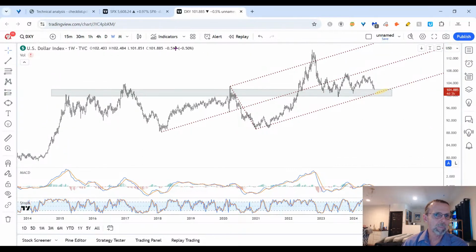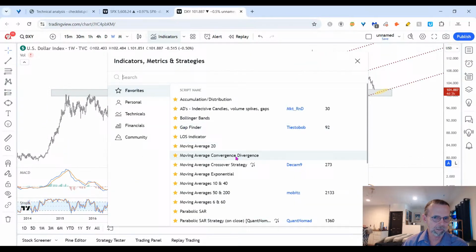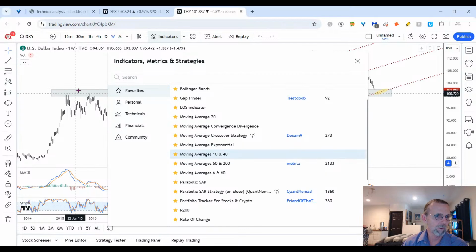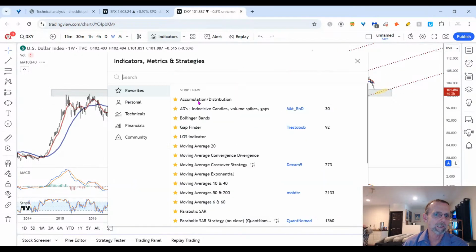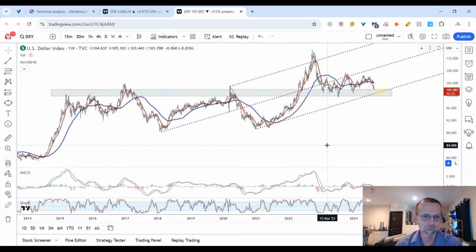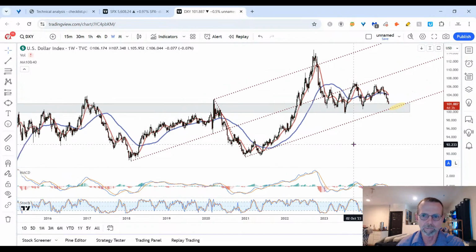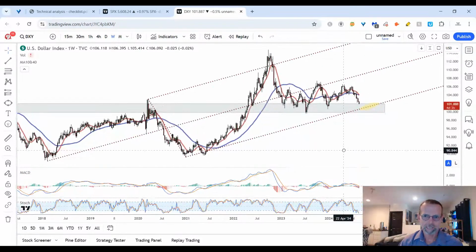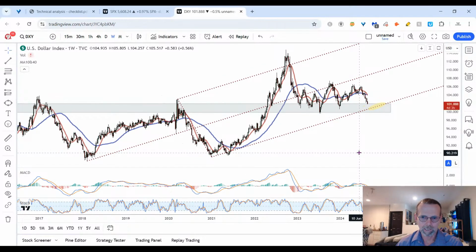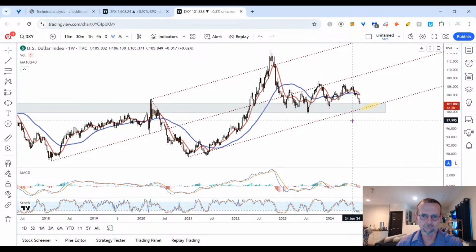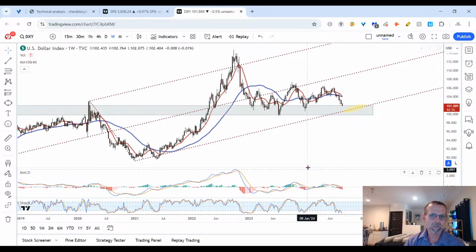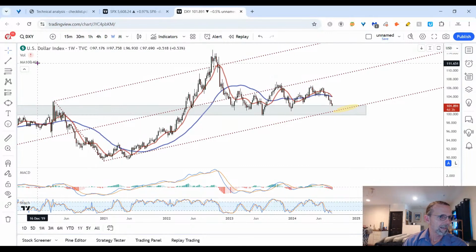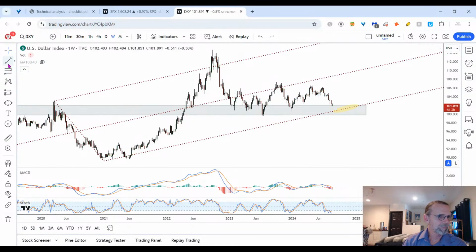In the weekly time frame, I like to look at the 10 and 40 week. Oh, there we go. I'm slow. I've got a delay for some reason. 10 and 40 week moving averages, which really don't add a lot to this conversation. Basically, this is sideways chopping action in the US dollar, and not all that interesting.